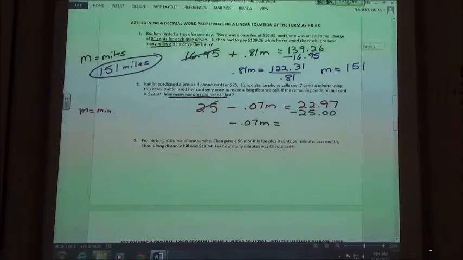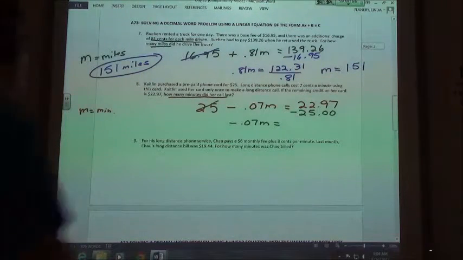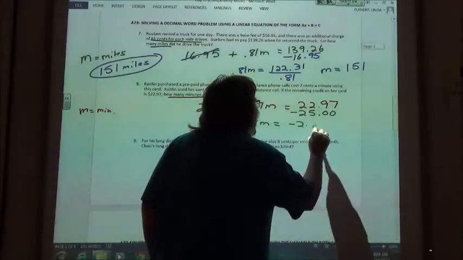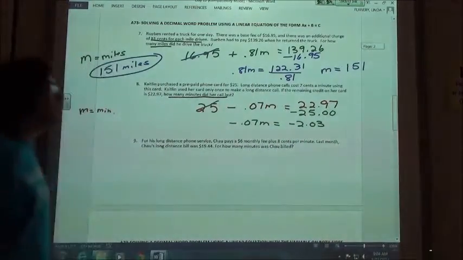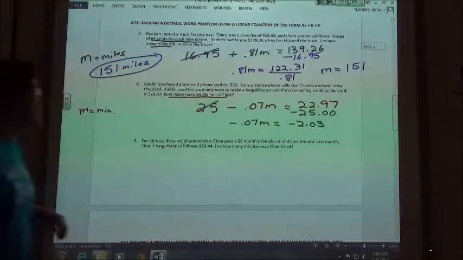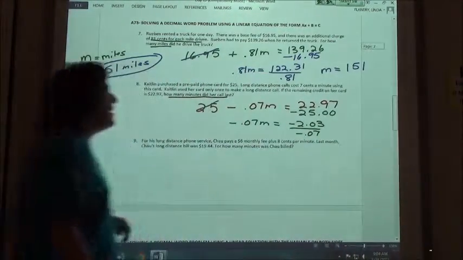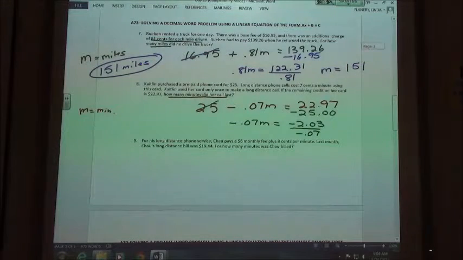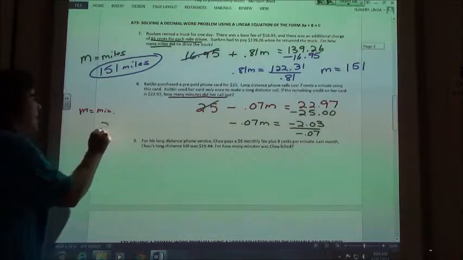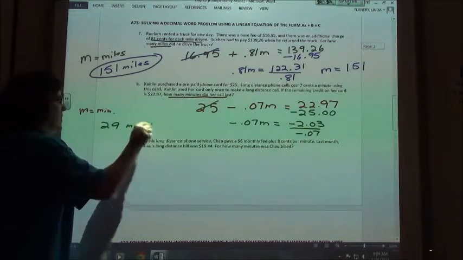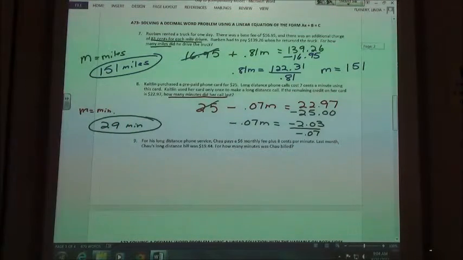Negative $2.03. So I really spent $2.03. Dividing by my negative 7 cents. How many minutes did she talk on the phone? 29. So 29 minutes is what she talked on the phone.